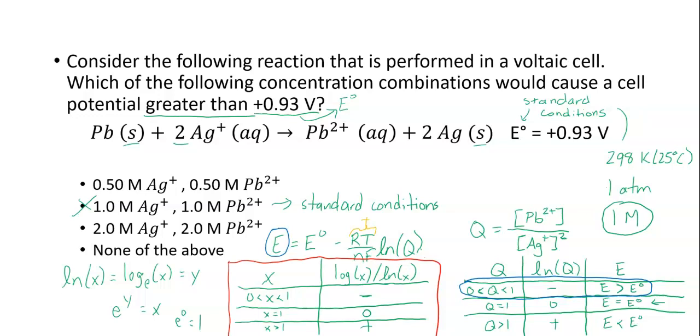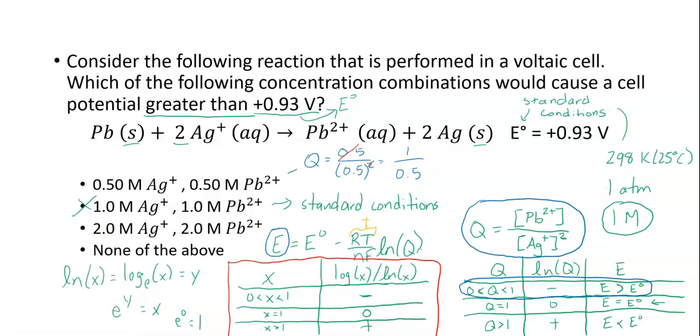We already ruled out the case where they're both 1 molar because that's standard conditions, so Q would be equal to 1. So let's consider our Q expression. So for the first case, we would get Q is equal to 0.5 over 0.5 squared. Well, that's just 1 over 0.5 because these partially cancel out.